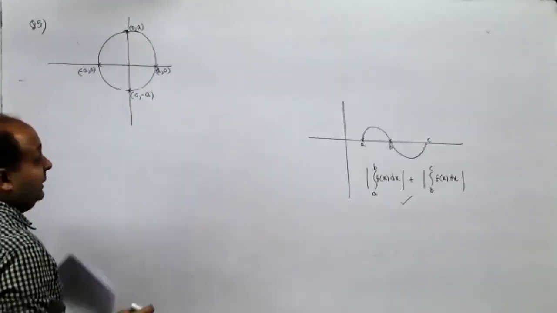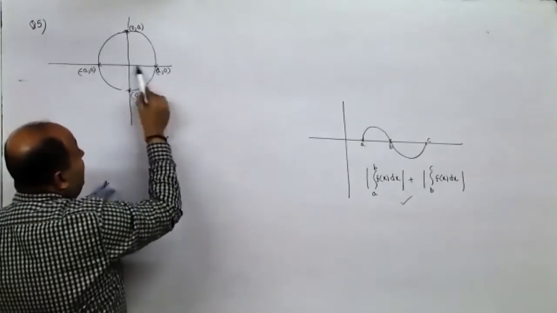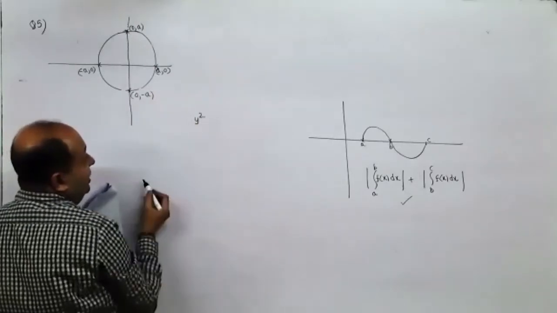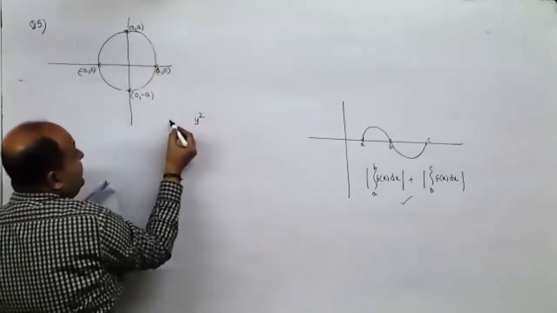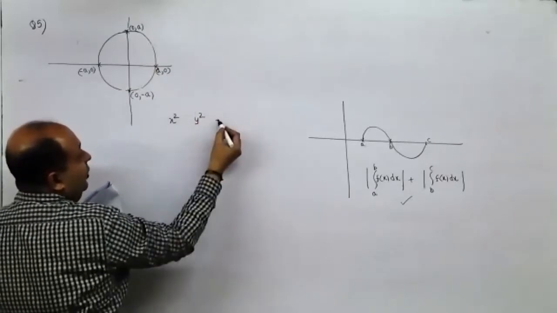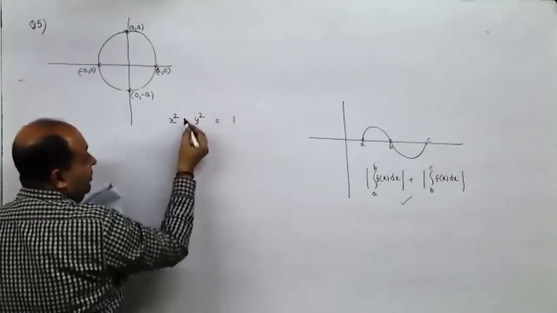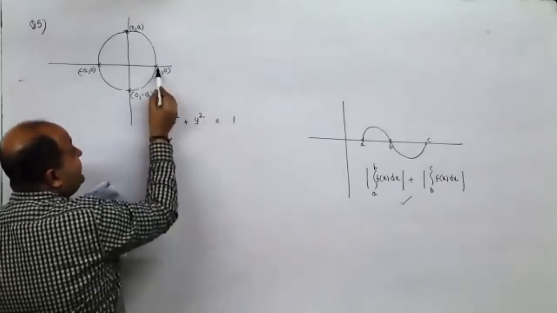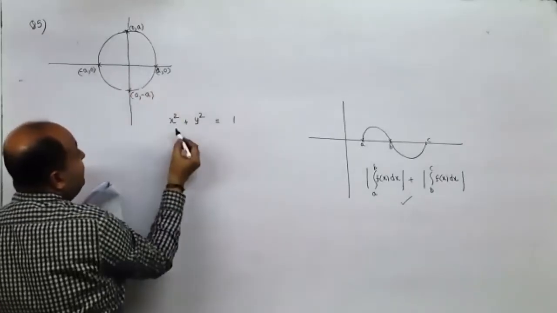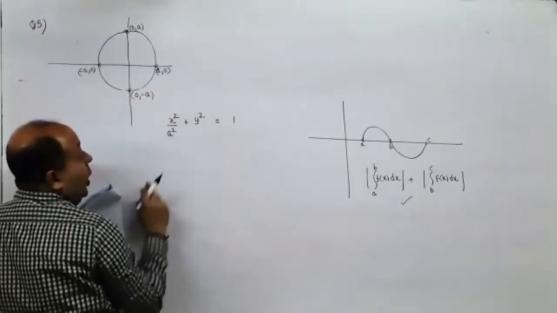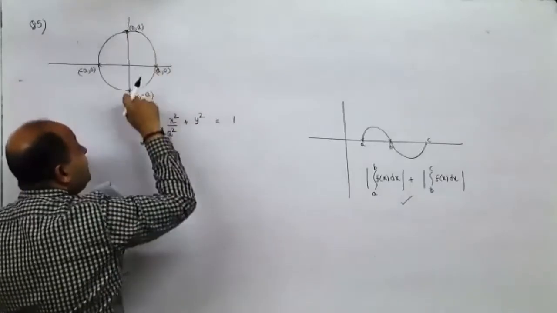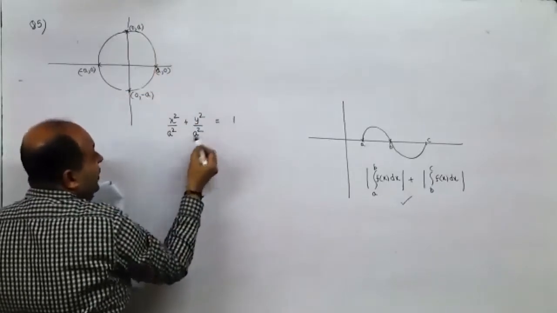Listen very carefully. It is symmetrical about the x-axis, so y square. It is symmetrical about the y-axis, so x square is equal to, I'll write 1 over here with a plus sign. Now the x-axis has two intercepts, a and minus a, so upon a square. The y-axis also has two intercepts, both are the same, so it would be a square itself.